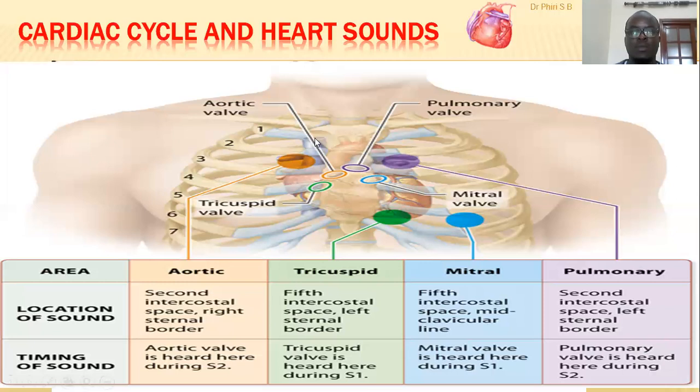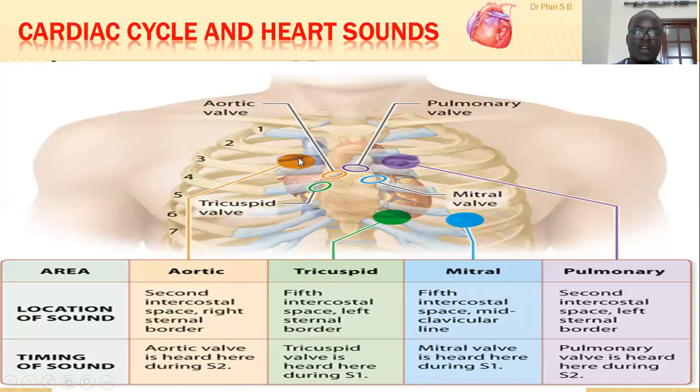For the closure of the semilunar valves, you place the diaphragm of the stethoscope at these locations. You can listen to the closure of the semilunar valves by putting the stethoscope on the second intercostal space. The first one that will close is the aortic valve.